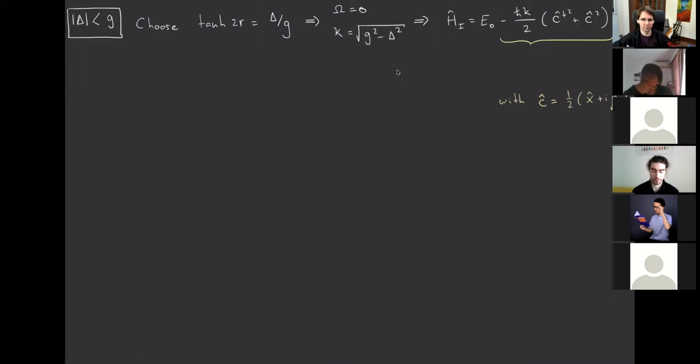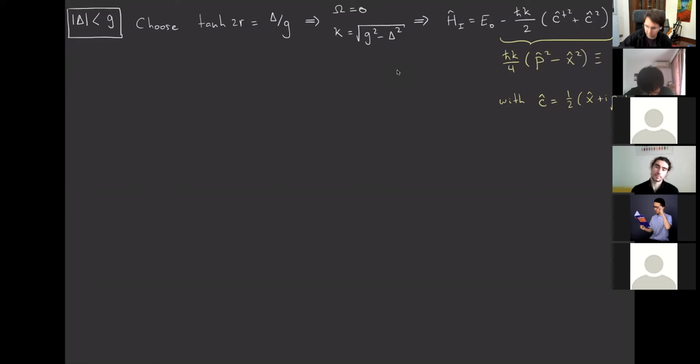Remember X and P are quadratures, their commutator is equal to 2i. Then if we just use this definition of position and momentum, we get that this expression becomes h bar kappa over 4, and then p squared minus x squared.